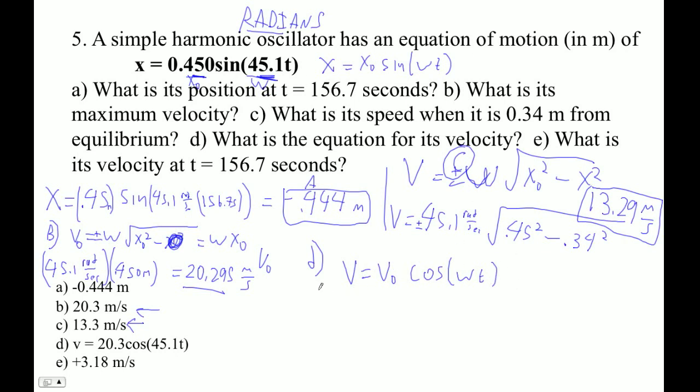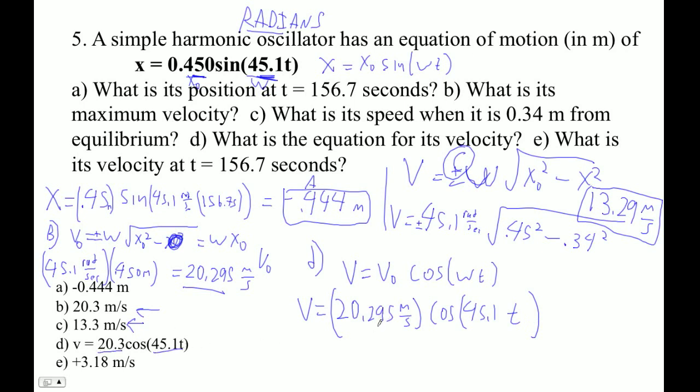So it's going to be V equals, and then the maximum velocity is 20.295 meters per second, right, times cos of 45.1 times t. Okay, so there it is with all the proper sig figs or whatever, right?